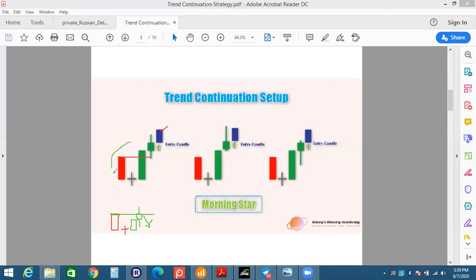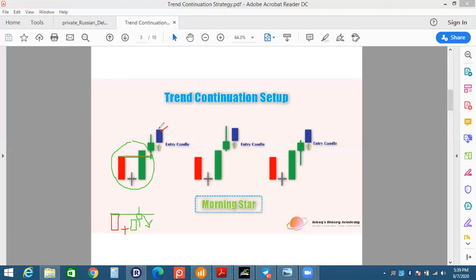If you find this type of pattern where the green candle is crossing the red one, a breakout happened, the spinning top candle retests the level and closes as a bullish one. Then you can place a trade.